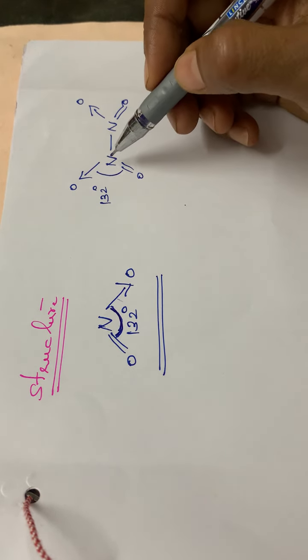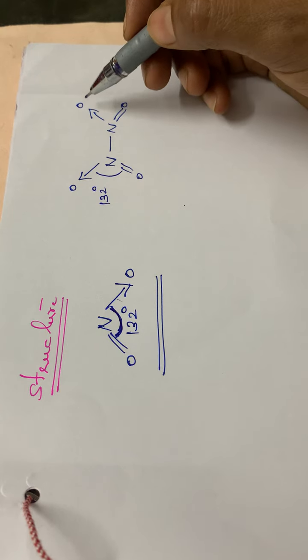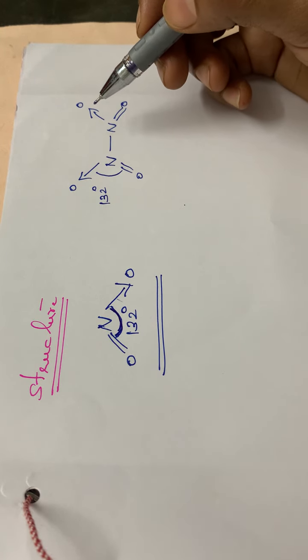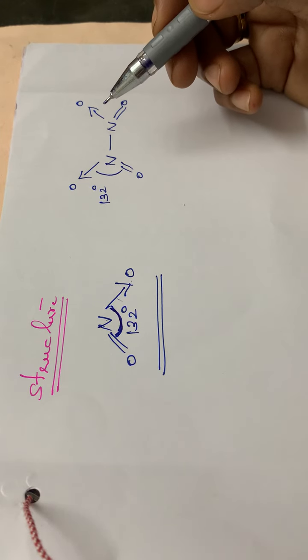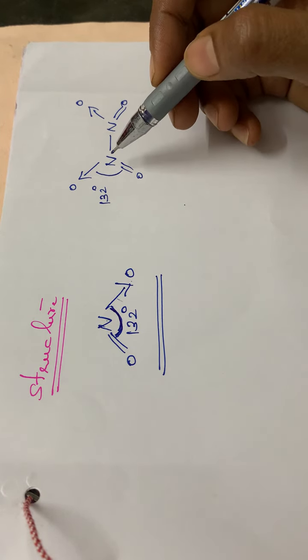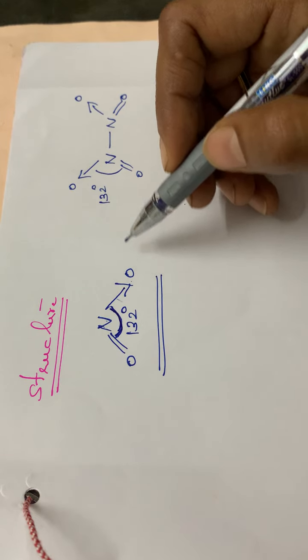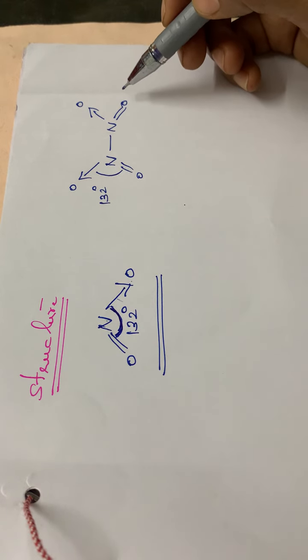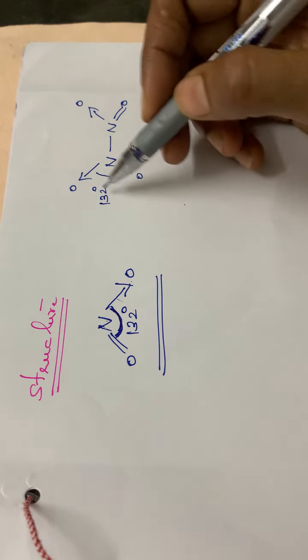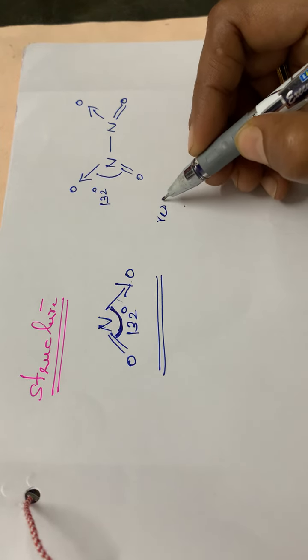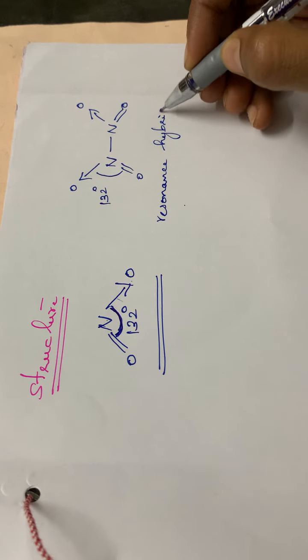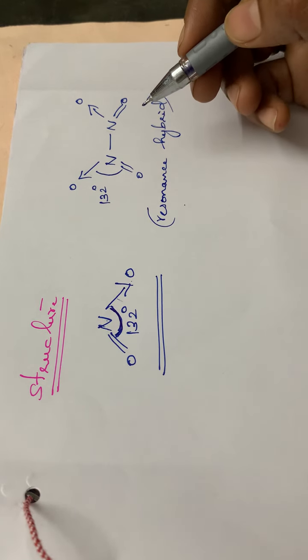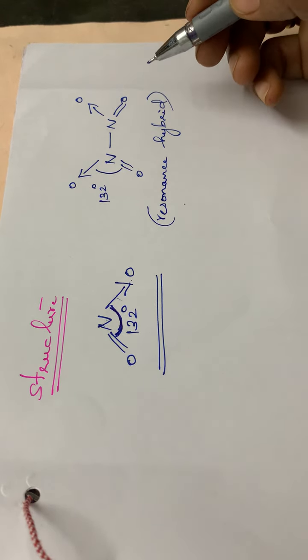See here, all the terminal NO bonds will be the same. That is, this NO as well as this NO will be the same. There is no change in the bond distances, because this NO2 molecule will be existing as a dimer. So this molecule will be a resonance hybrid of the structures. That means the bond length will be in between that of a single bond and a double bond.